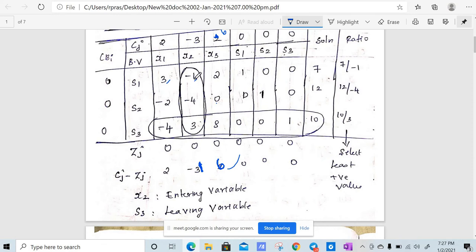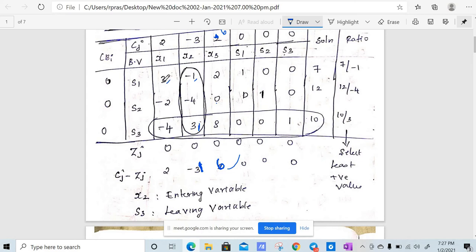So again you need to make this element 0, this element 0 with the help of this element. How can you make this element 0? This is 1 now after transforming. So minus 1 plus 1, it is enough to add this row and this row to make this 0. And here we should multiply by 4, because we have minus 4 here, so minus 4 into 4.